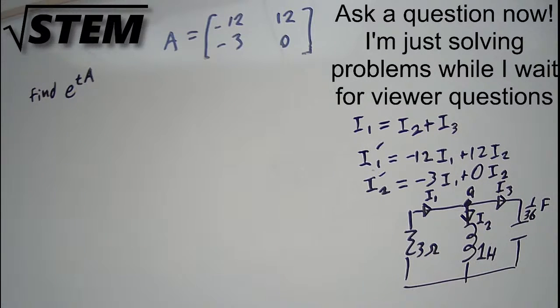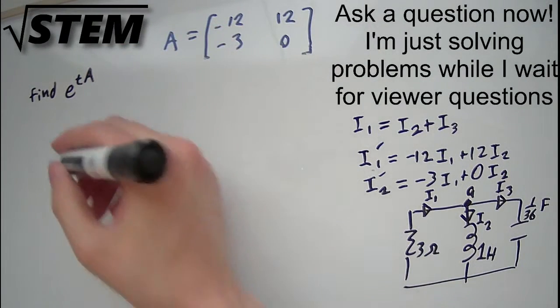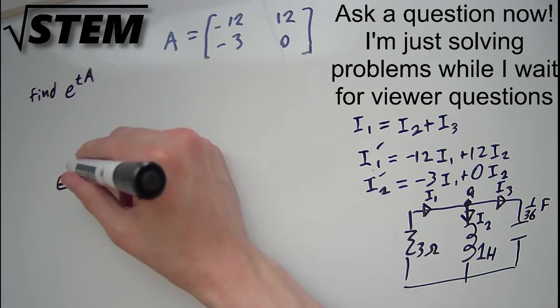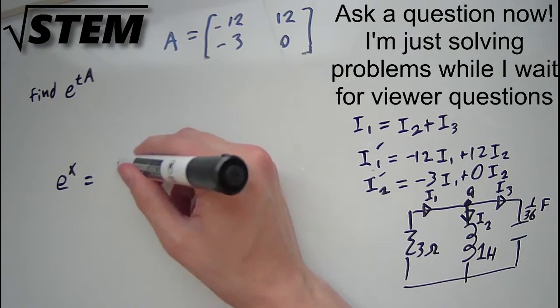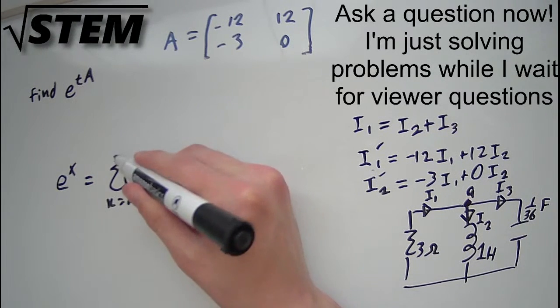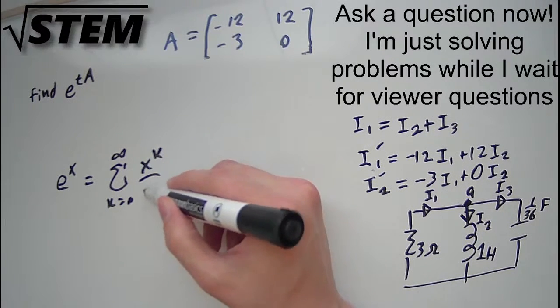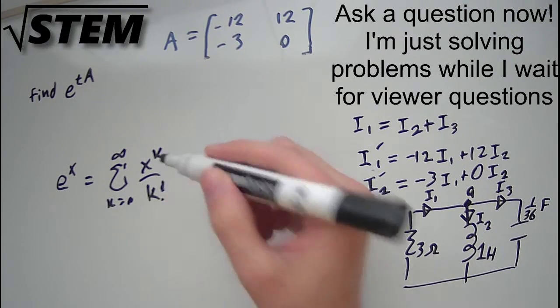It's actually defined basically just the way we would define e to anything else. We have the sum from 0 to infinity of x to the k over k factorial.